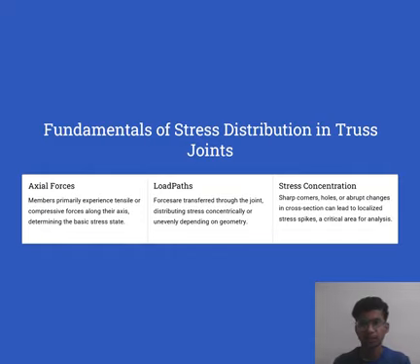Stress concentration: sharp corners, holes, or abrupt changes in the cross-section lead to localized stress spikes, a critical area for analysis.